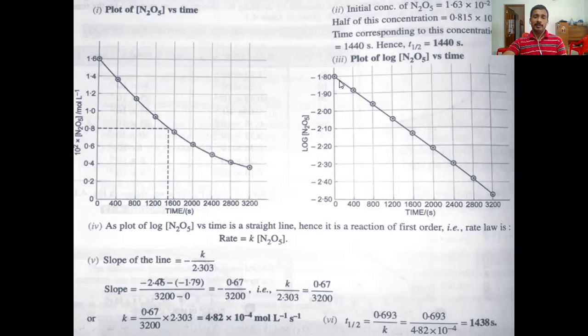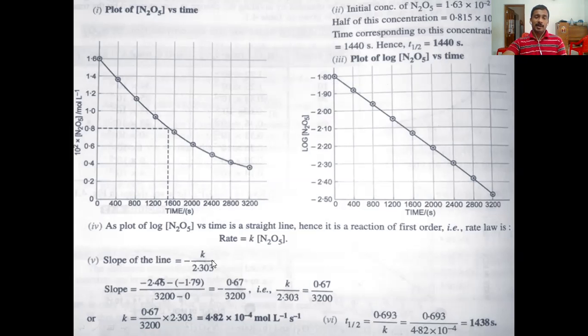Minus 1.80, nearly here. Here it is taken as minus 2.46, and this one is taken as minus 1.79, near to 1.80. So slope is minus 2.46 minus minus 1.79 divided by 3200 minus 0, which is minus 0.67 divided by 3200.